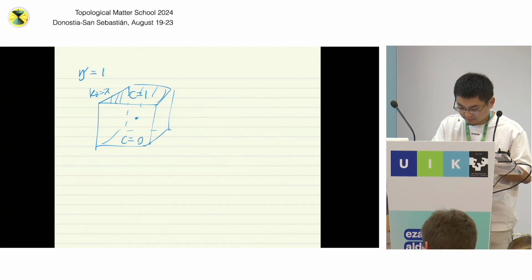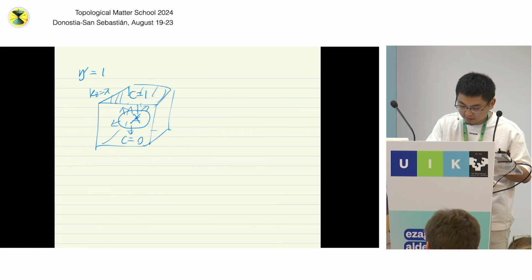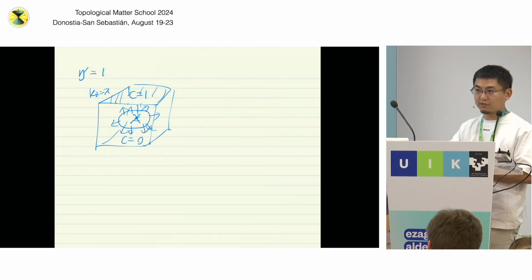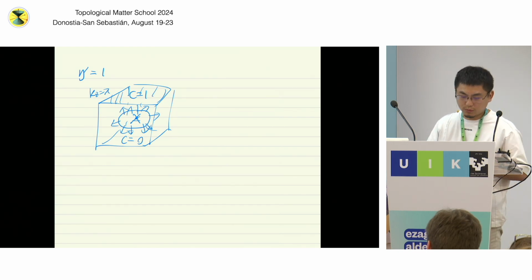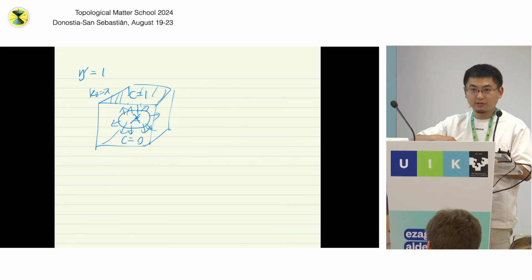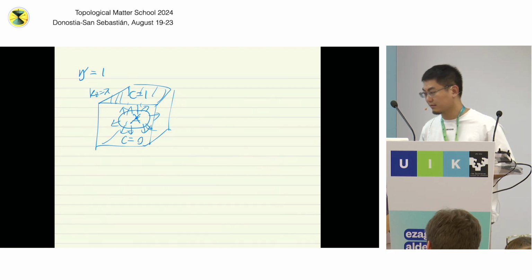It's a Weyl point. And basically, we can understand a Weyl point as a monopole in momentum space, right? So if you plot any surface to surround this Weyl point, the Berry curvature integrated over this surface must equal 1. So that gives the difference between Chern numbers at the kz equal to 0 and kz equal to pi planes.